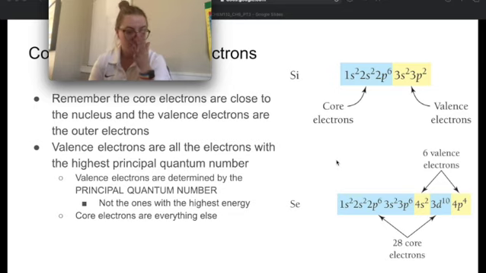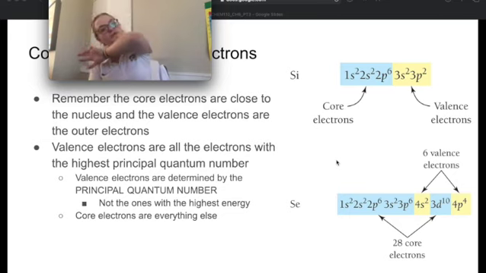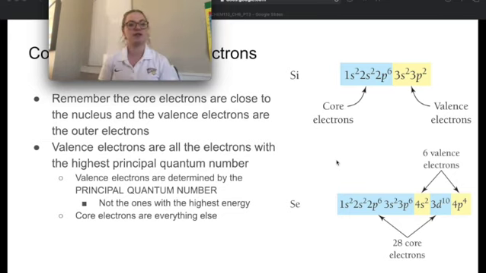Valence electrons are all the electrons with the highest principal quantum number. Valence electrons are determined by the principal quantum number, not necessarily the ones with the highest energy. And the core electrons are everything else. If it's not valence, it's core, okay?